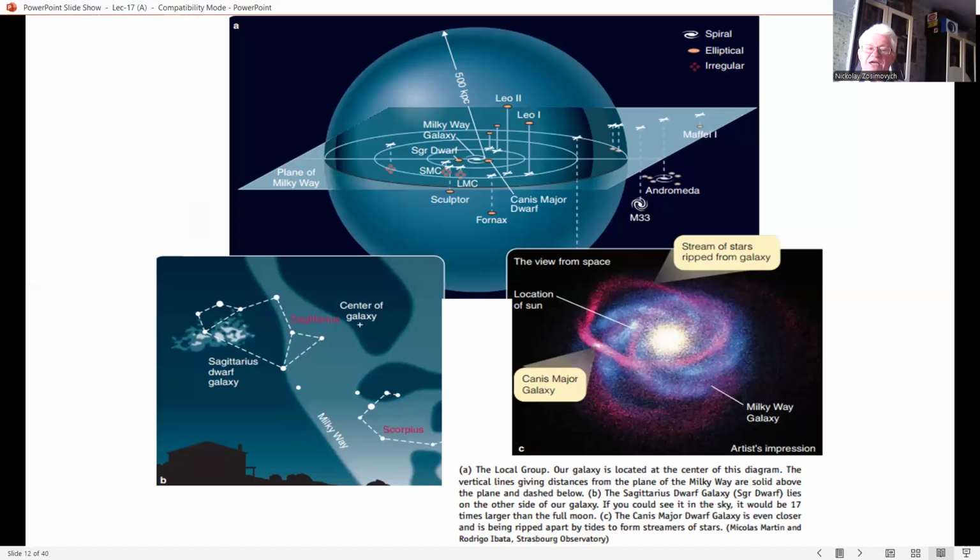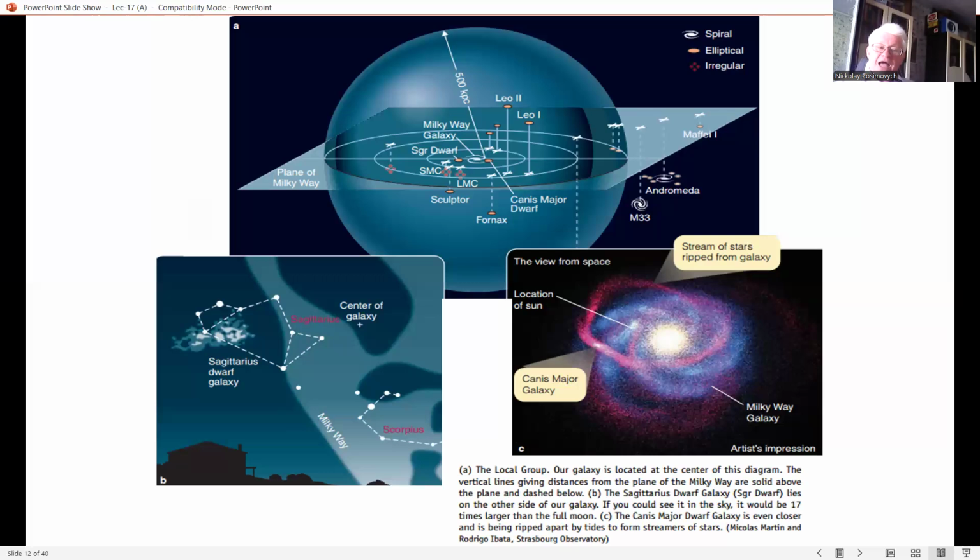Of the brightest galaxies, 14 are elliptical, 3 are spiral, and 4 are irregular. The total number of galaxies in the Local Group is uncertain because some lie in the plane of the Milky Way galaxy and are difficult to detect.